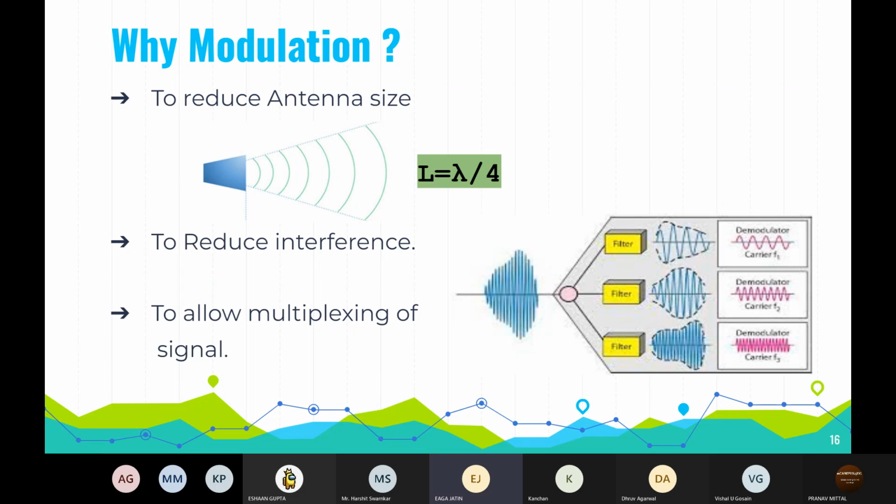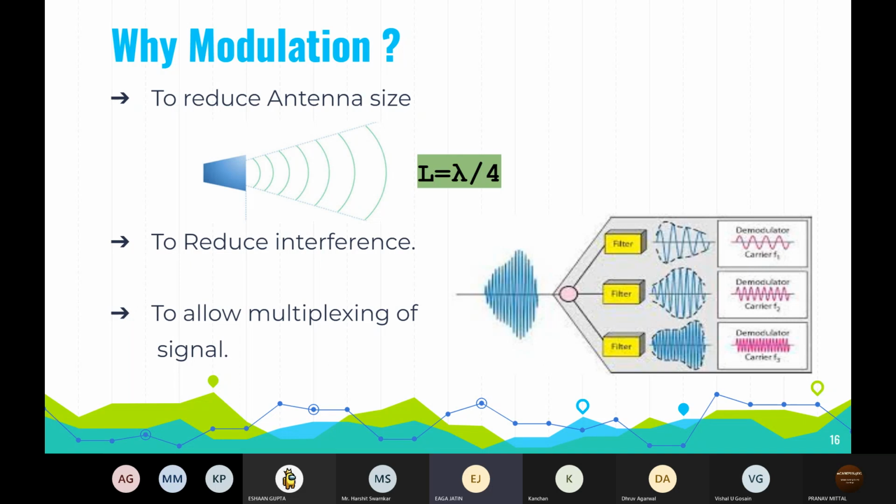The second reason is to reduce the interference. Let's just imagine in a single room there are 3 people talking to the same person. Then the person who is hearing cannot hear anything because 3 people are talking at the same time, there is interference, right? Similarly, if there are 5 different voice signals around the same frequency range that are transmitted without any modulation through a single channel, then there will be interference between them.